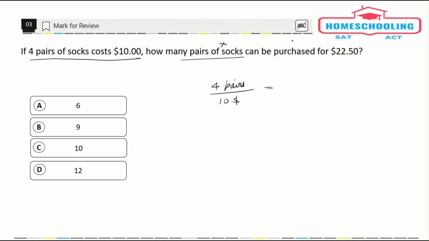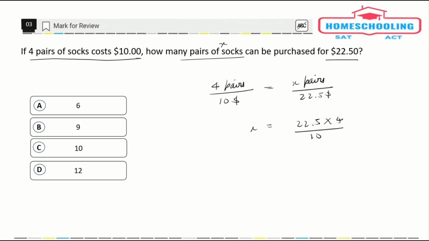So let's take those pairs as x, and the price is $22.50. So x pairs divided by $22.50. So by using the cross multiplication method, we'll cross multiply them, and 22.5 into 4 divided by 10.